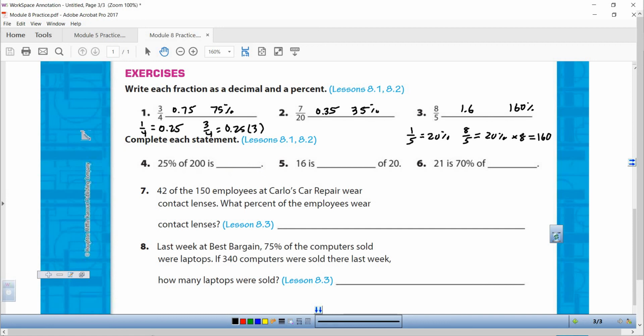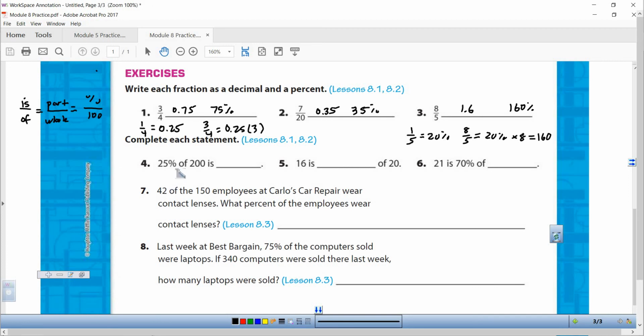All right. Complete each statement. 25% of 200 is. I would like to refer you back to something we talked about: the part over the whole is equal to the percent over 100. Many times that part is indicated by "is," and the "of" is indicated by the whole.